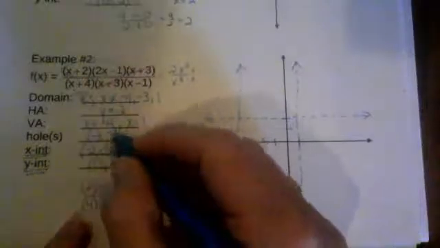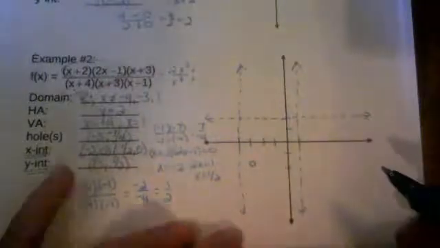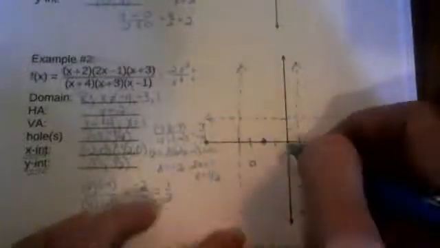We have a hole at -3, -7/4, so that's -1 3/4. So -3, -1 3/4. We have a hole. We have an x-intercept at -2, another x-intercept at 1/2. We have a y-intercept at 0, 1/2.